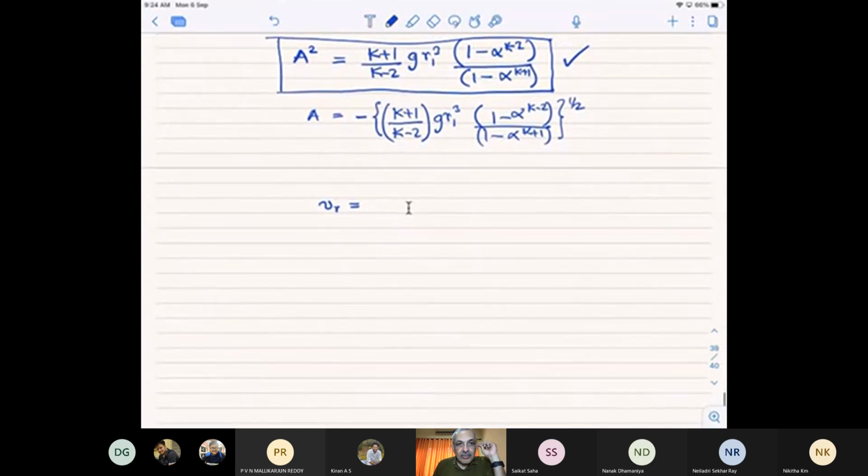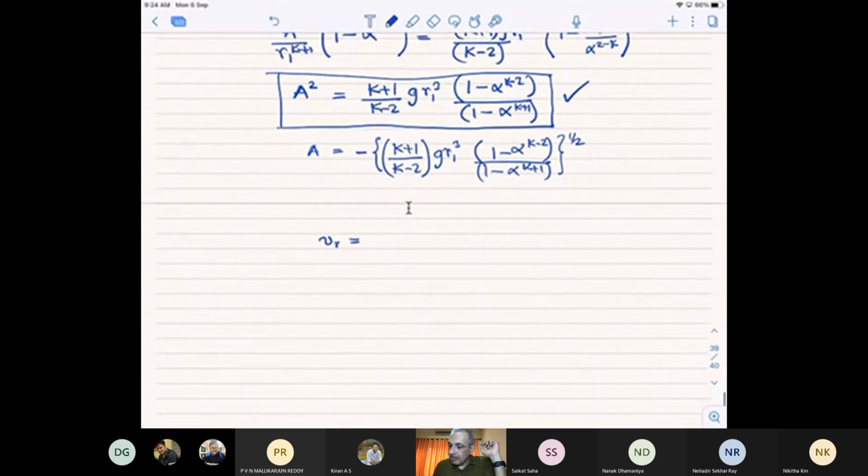So you get VR to be just equal to, and here what we say is, supposing alpha is much greater than 1, and of course k is greater than 2.